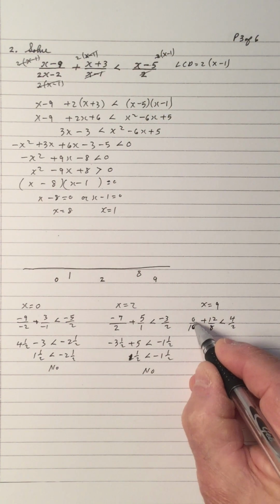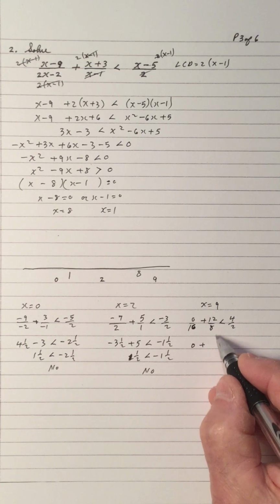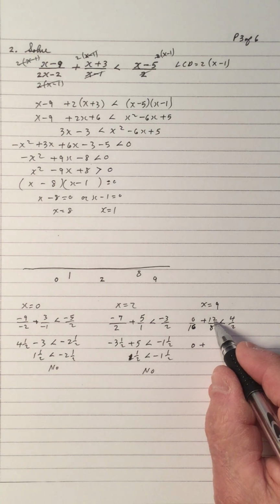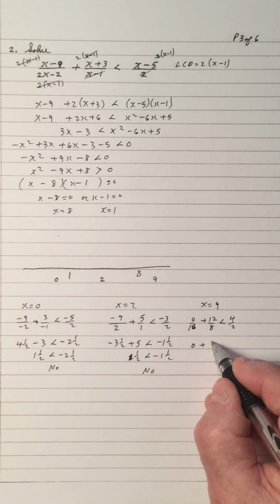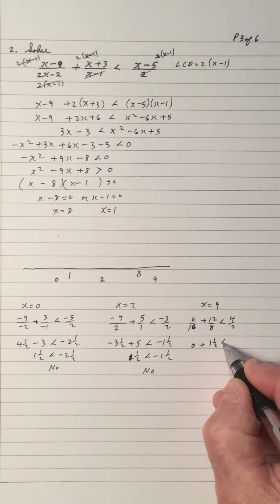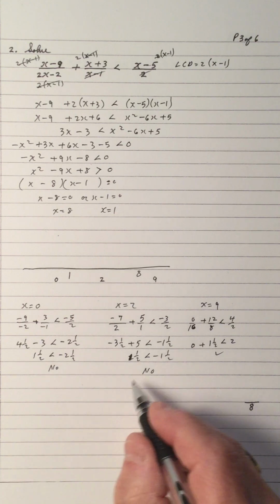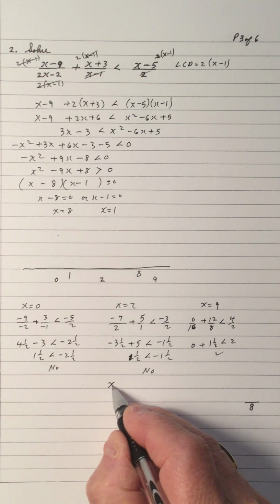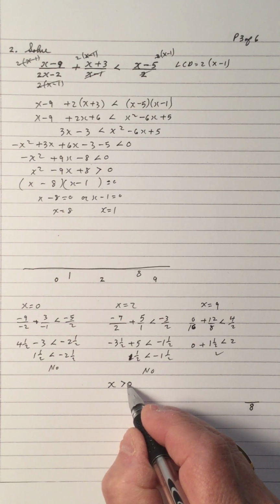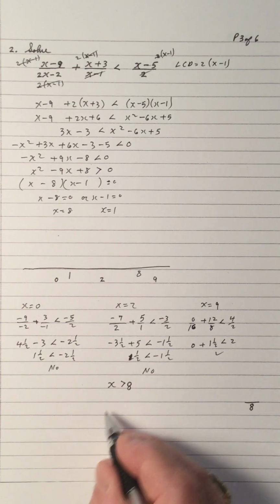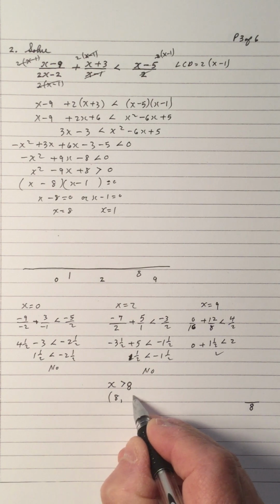So that's a 0 over 16 is a 0. 12 over 8 is same as, divide by 4, you get 3 over 2, which is 1.5, less than 2, and that's true. So the answer is x is greater than 8, better make sure it's not equal to 8, or we could have open at 8 going to infinity.